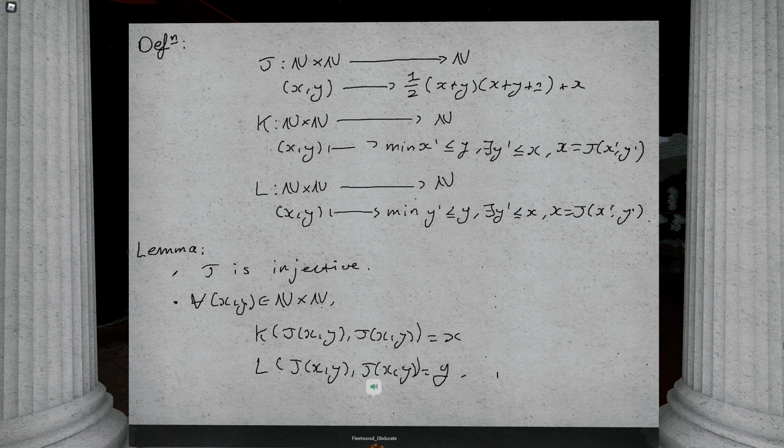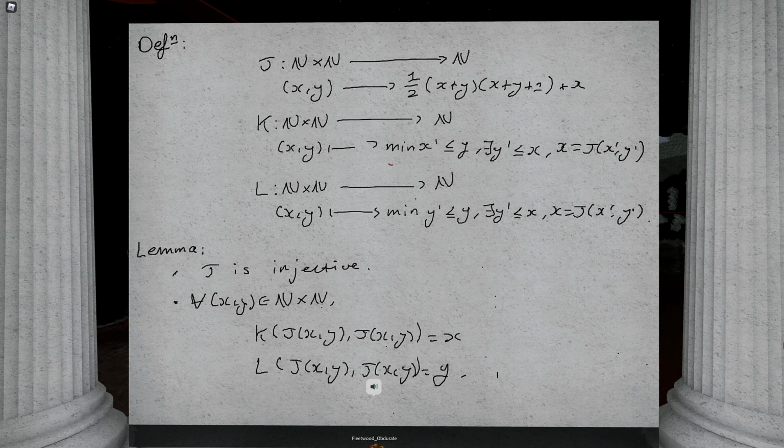Okay, I'm not going to prove this, and I'm not going to go through the calculations, but let me give you an idea for it. So as I already said, we think about J as encoding. It encodes a pair of natural numbers as just a natural number, but then we want to be able to extract those two natural numbers from that pairing, and that's the role that K and L play.